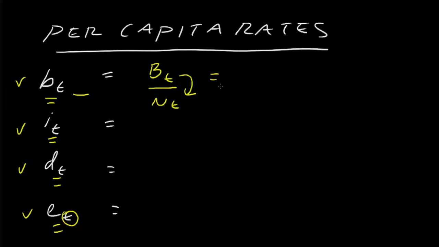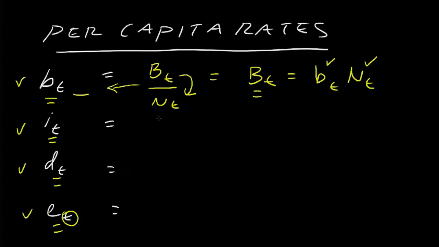And we can simplify that a little bit more. So we could define BT as, if we cross multiply here, b times NT. In other words, the number of births occurring in a population is our per capita rate times our current population, right? So the number of individuals that we've got.